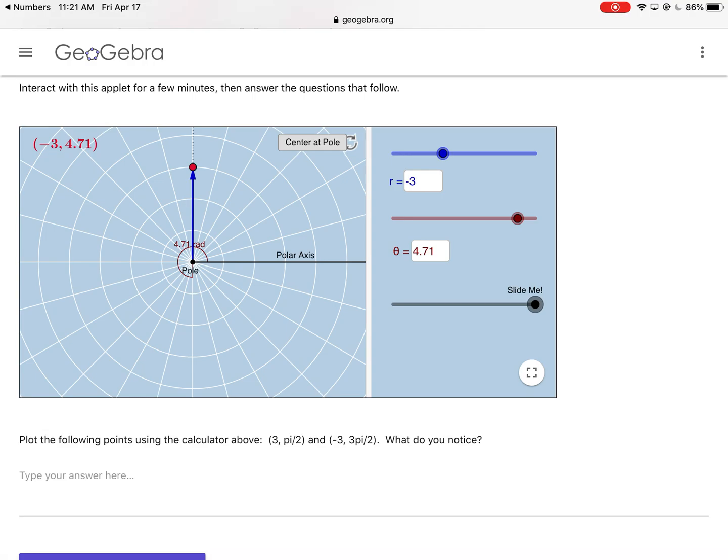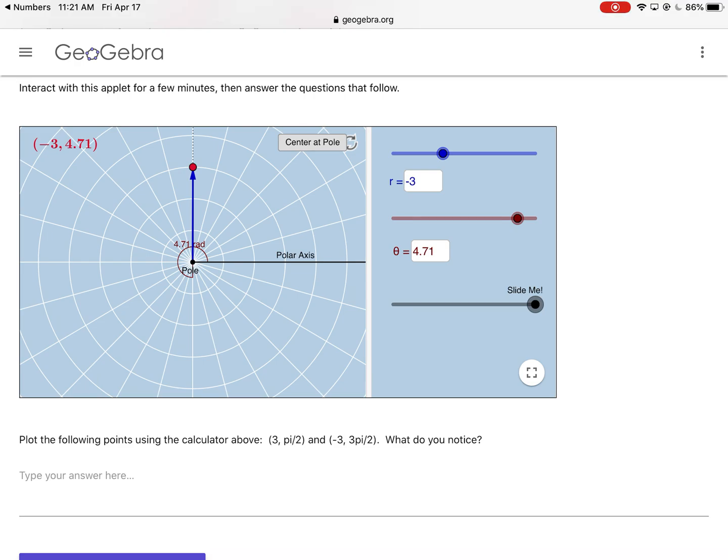Okay? All right, so what we should be taking away from this is that any point, when it's listed with polar coordinates, can be expressed in an infinite number of ways, right? Because of this use of positive and negative r values.